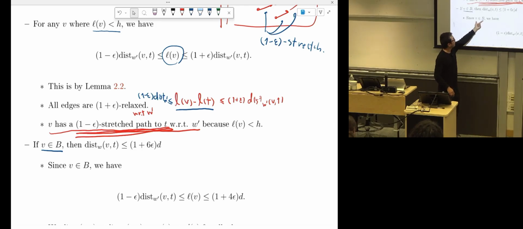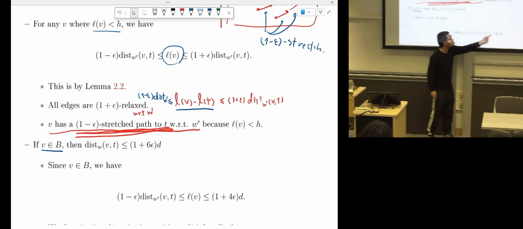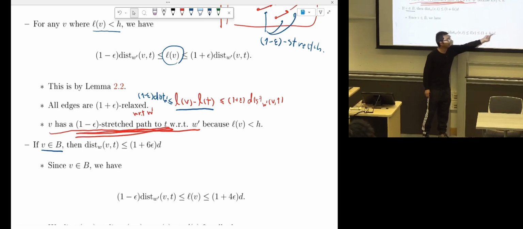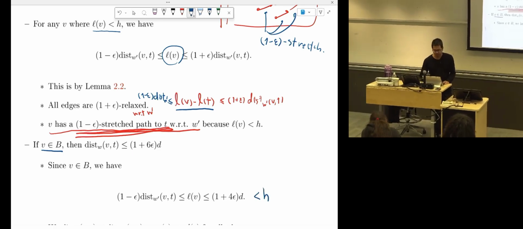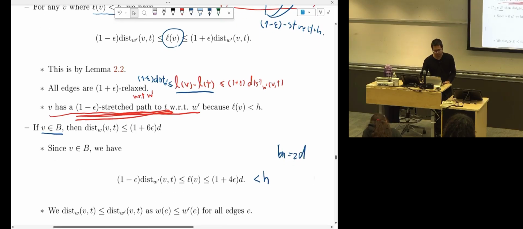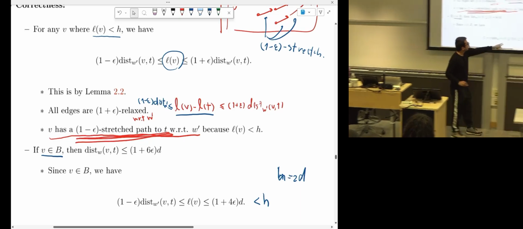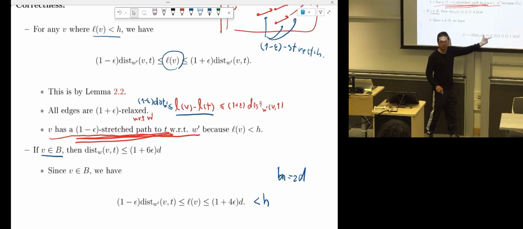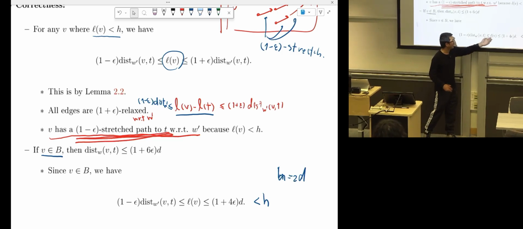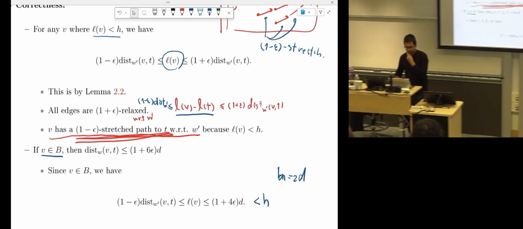By definition, we define the set B to be the ones whose level is less than this much, which is less than h, because h is like 2D. But if it's less than h, then the level here is at least this much, because it has a stretch path. So the level is almost as big as the distance.